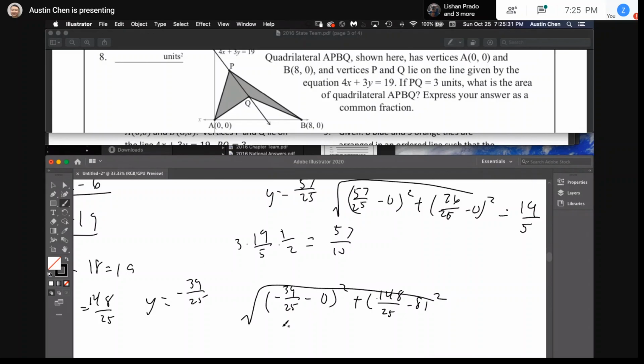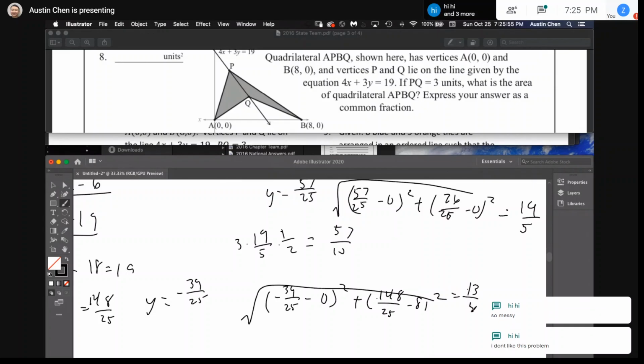So the signs don't matter. All right, now we should put this into our TI. So what do we got? Okay, then we get that this is equal to 13/5.